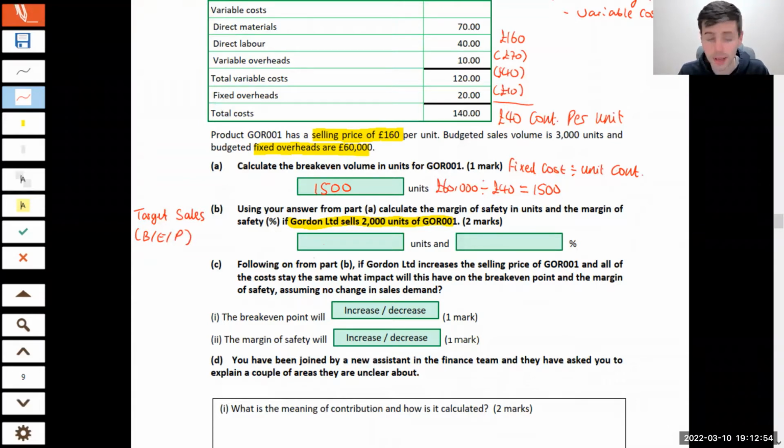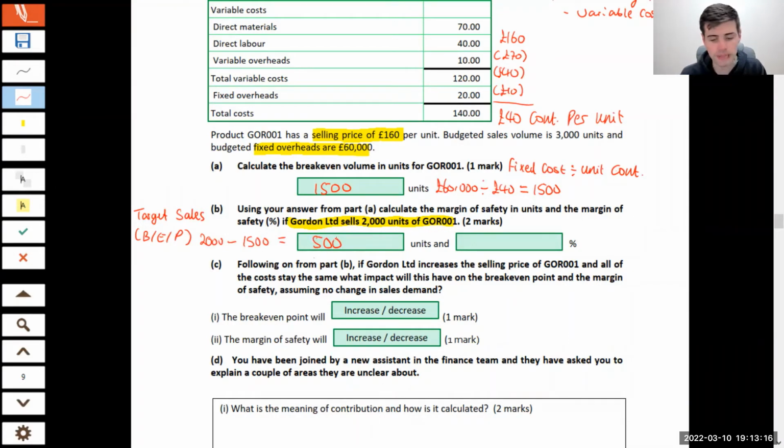I can see people putting answers in the chat box already, which is great. I've just said that my sales, or my targeted sales, are 2,000 units. I've just worked out the break-even point in units of 1,500, which means that my margin of safety is 500 units.